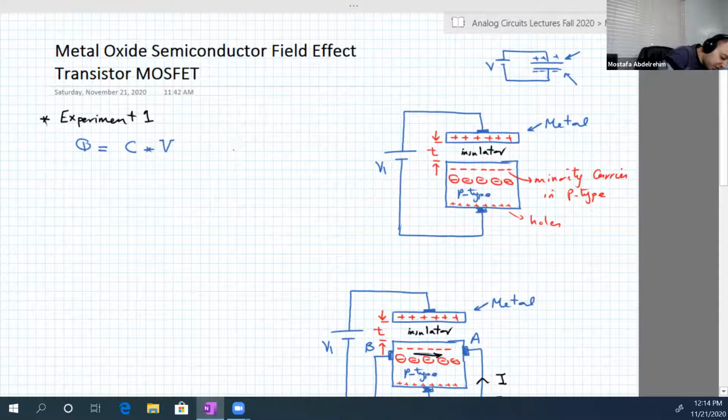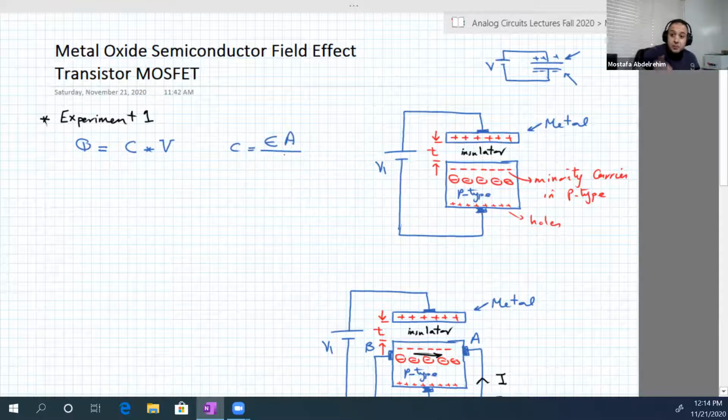And we know also that C equals epsilon multiplied by the cross-section area over the distance between the two plates. Here, let's call the distance T. So we have two ways to control, to increase or decrease, the charge.